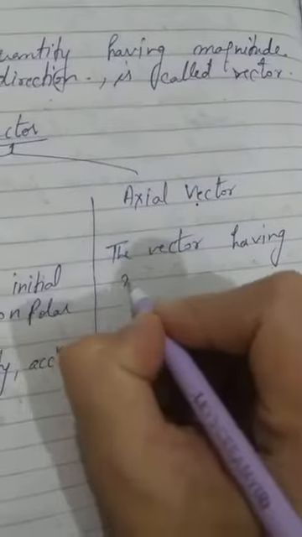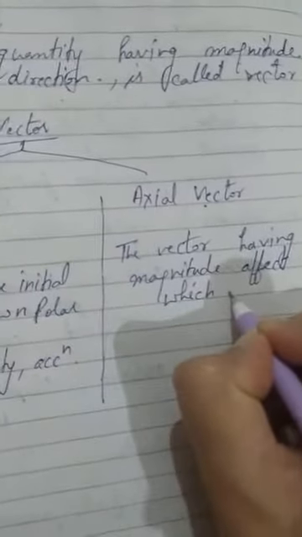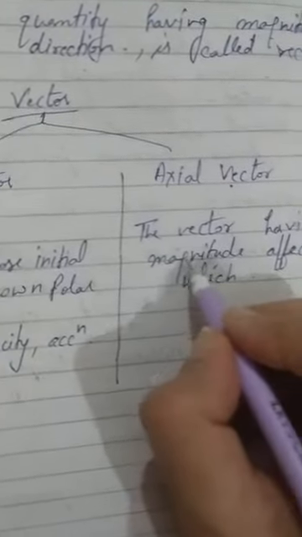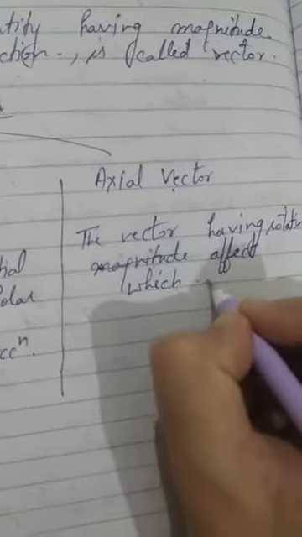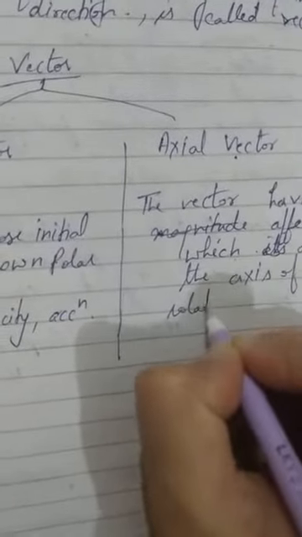The vector having a rotational effect, which acts along the axis of rotation, is called an axial vector.